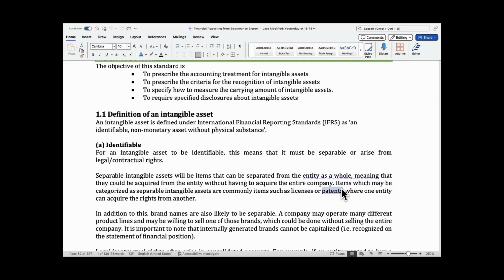These are intangible assets because they are separable.